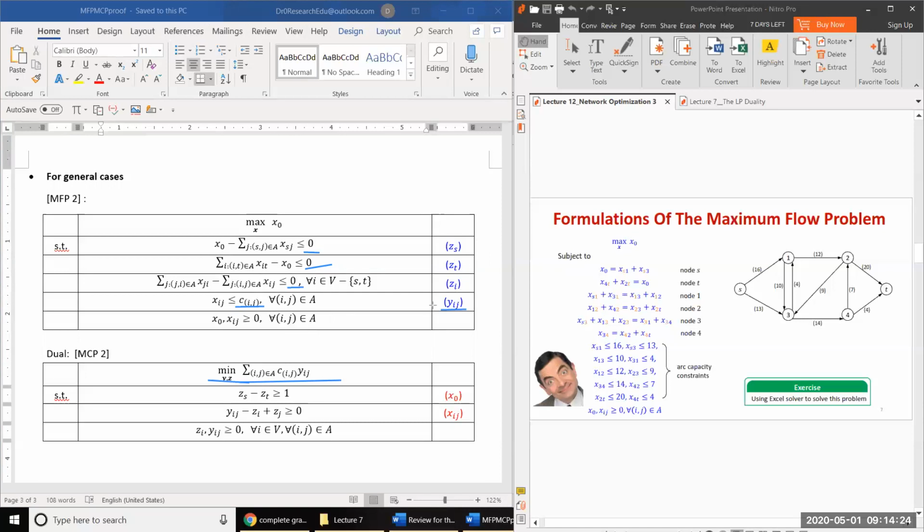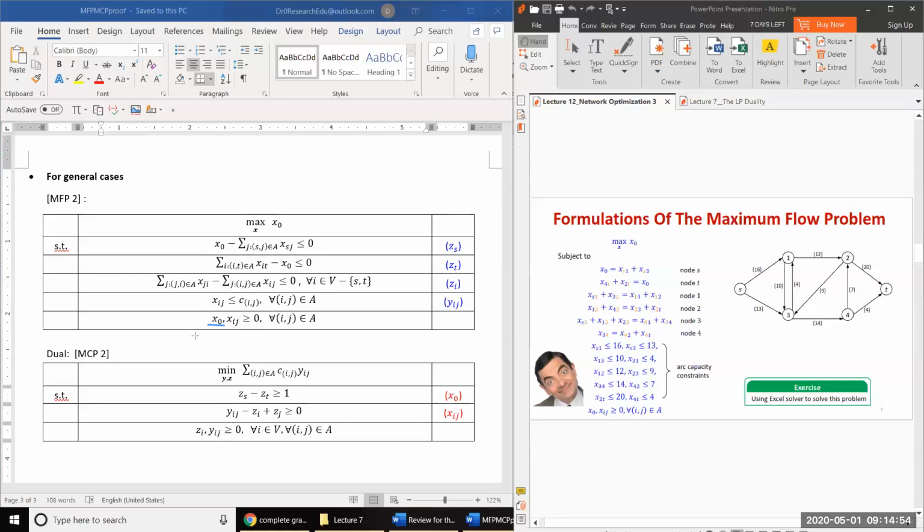Okay. And then let's have a look at the second thing, which is all the decision variables. What should the decision variables be? Again, for decision variables, for example x0, x0 means a corresponding constraint in the dual, right?